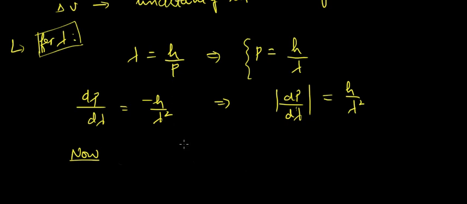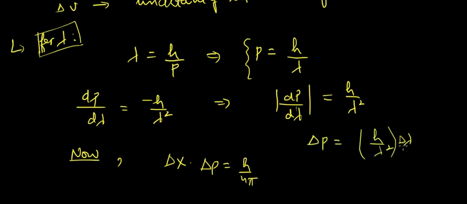We know that delta x into delta p is greater than or equal to h upon 4 pi. From here you can write delta p equals h upon lambda square into delta lambda.